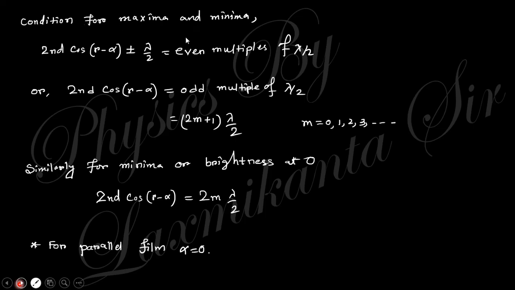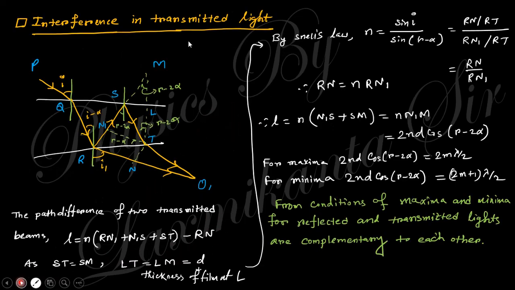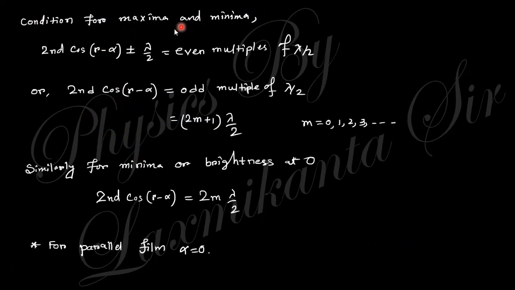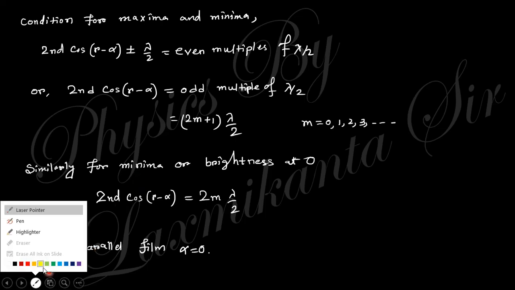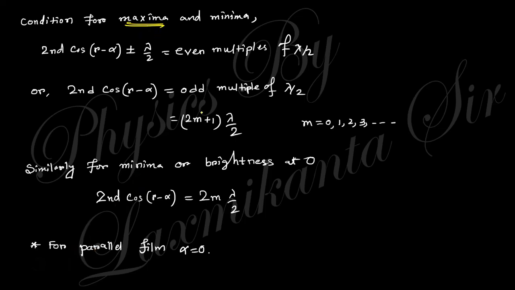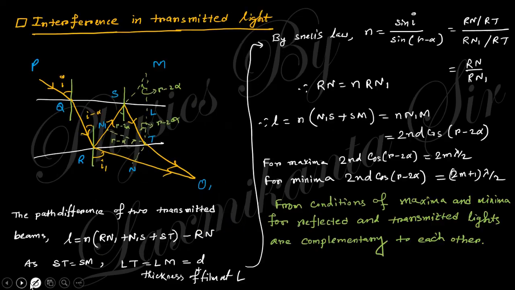Now the condition for maximum would be an even multiple of this, but since there is a lambda by 2, it finally becomes an odd multiple for maximum, and an even multiple for minimum. This is the condition for reflected light.